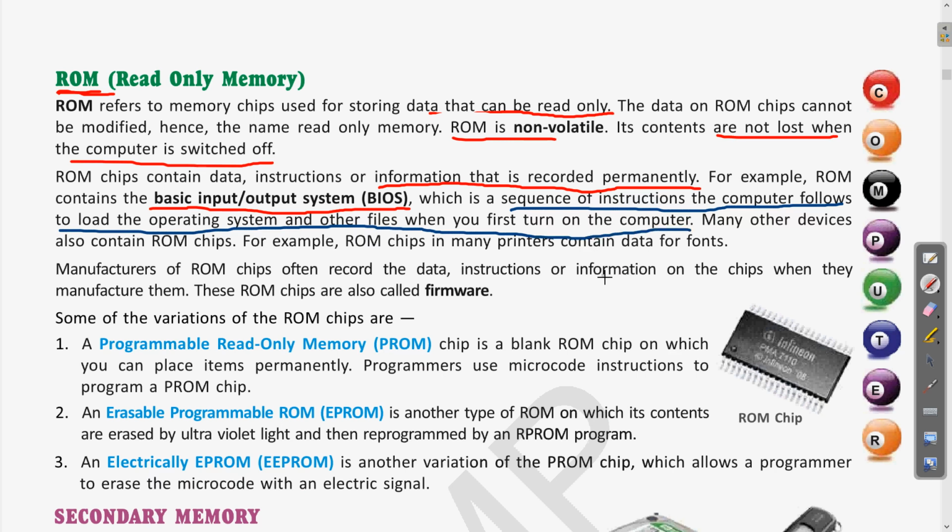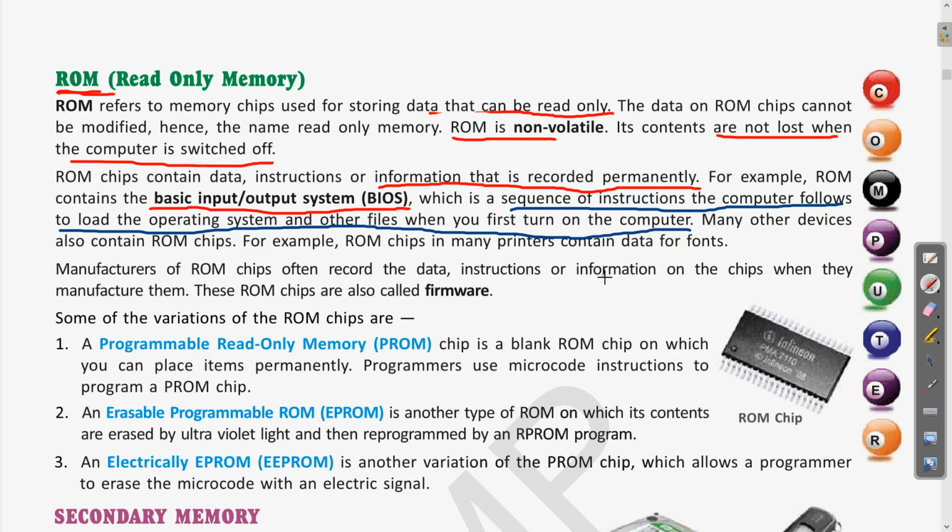Clear? So whenever we switch on the computer, there are some files which are saved in these ROM chips. Clear? That is the BIOS chip. So what will be its function? It will load some instructions of the operating system, and it also checks that all the hardware attached to the computer is in fine condition.